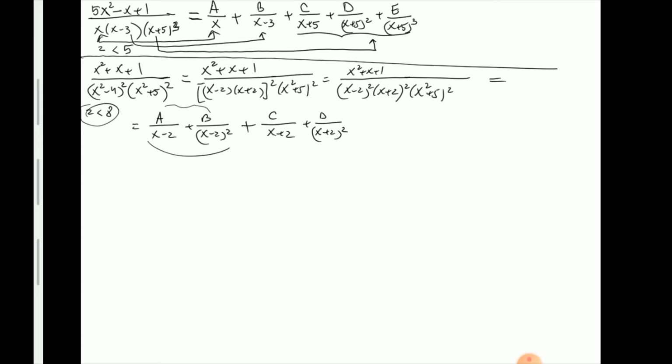And now we have type 2 partial fractions for x squared plus 5, because that's irreducible. Again, we need 2 of them because the multiplicity is 2. So we need ex plus f over x squared plus 5. And finally, another one, let's say gx plus h over x squared plus 5 to the power 2.